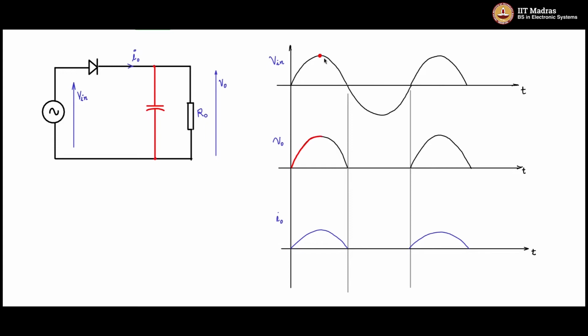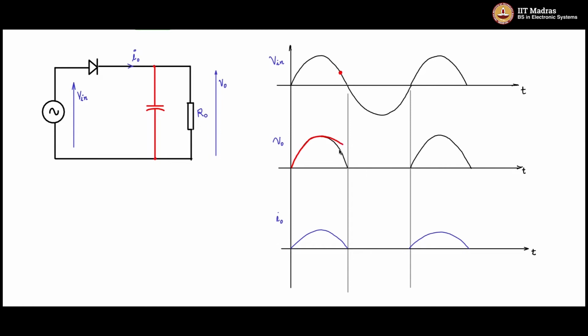When the point moves further down, you will see that if you take this instant of time, the input voltage is lesser than the corresponding output voltage.